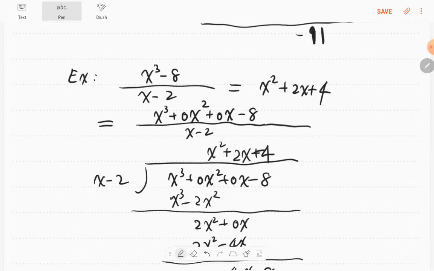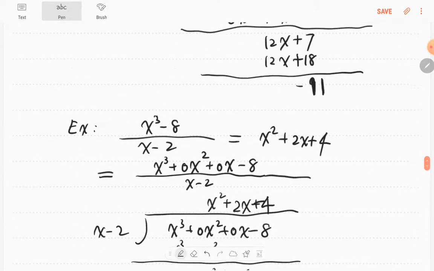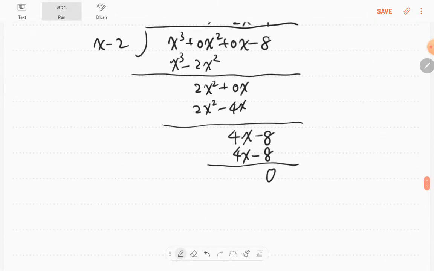Okay, so after you get your answer, you always could use the multiplication to test if you get the correct answer. If you got the quotient without remainder, then you will use the quotient times the divisor to check if you will get the dividend.